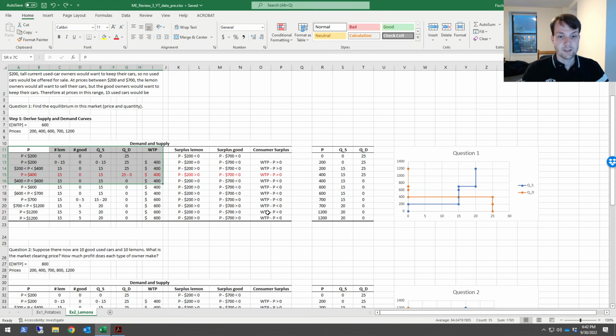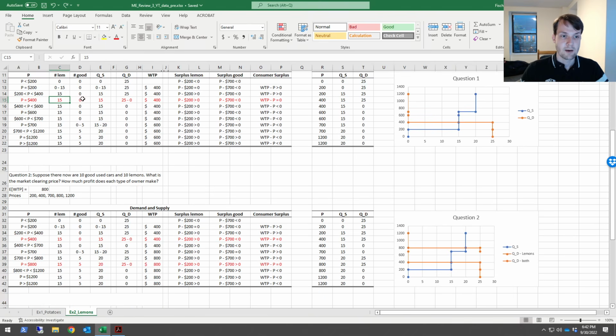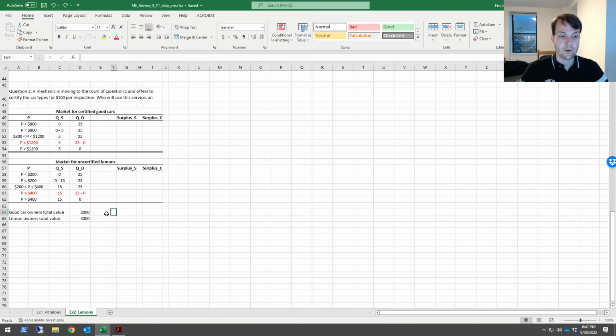In the first case, we know that there was an equilibrium of 400 where all the lemons were sold and none of the good cars. So the good car owners actually got nothing. They held on to their cars. They were not making any money, so to speak. The lemon owners, again, there were 15 of them.